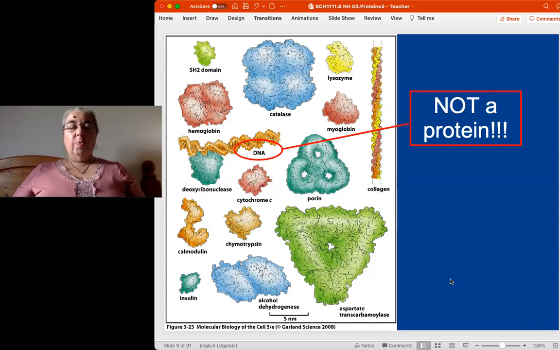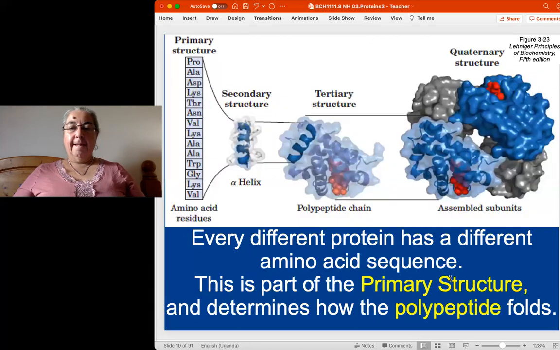Okay, so we've seen that there are 20 different amino acids, but thousands and millions of different proteins. So how do those 20 amino acids give us so many different proteins? That's what we're going on to look at next. So every protein has a different amino acid sequence.